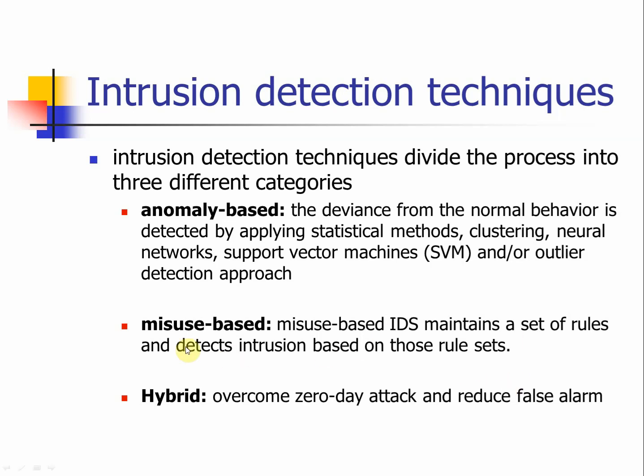In the other case, for misuse-based, you need to know what happened when you try to do the detection. That means if it is a new attack, you may overlook it. So both of them have some advantages and disadvantages. The hybrid one overcomes the zero-day attack. Basically, it tries to overcome the misuse-based weakness and reduce the false alarms, which is the problem that comes from anomaly-based.